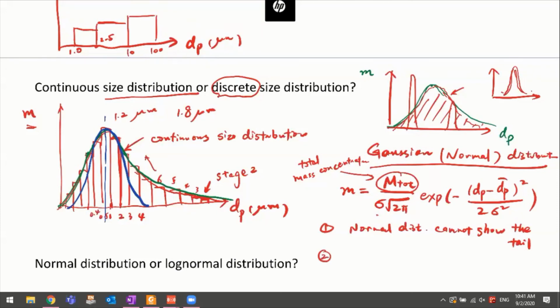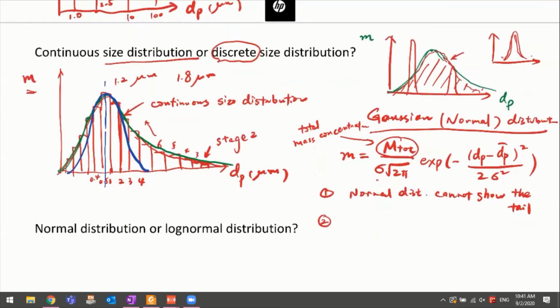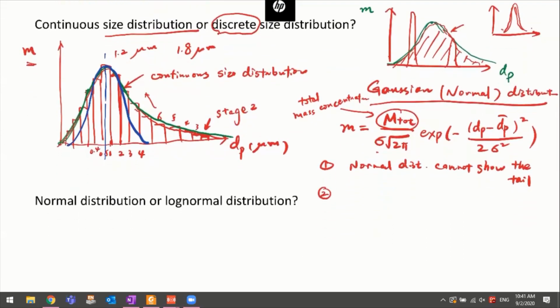And secondly, there is another critical issue for this Gaussian distribution: when dp is smaller than 0, let's say if we try to plug in a value that dp equals -1 micrometer, we can still get a positive mass concentration.